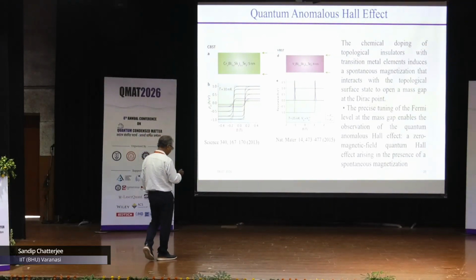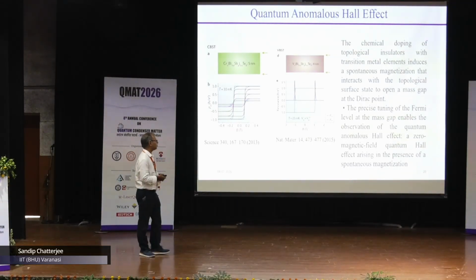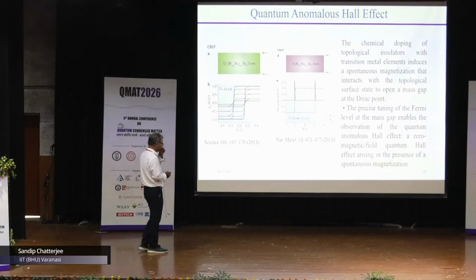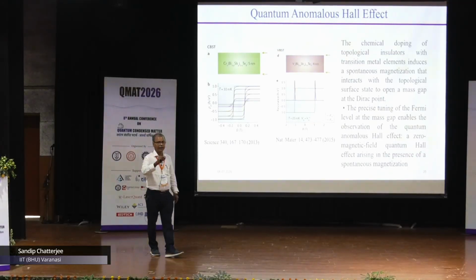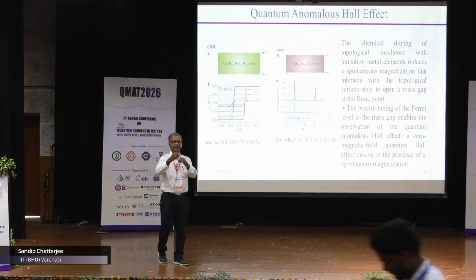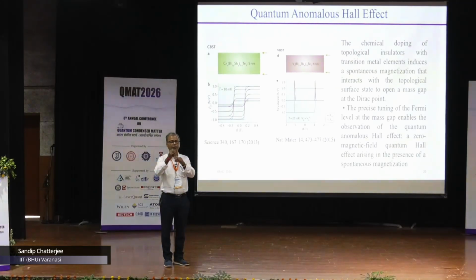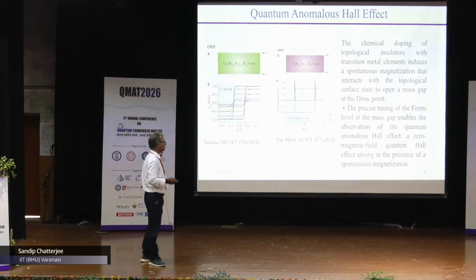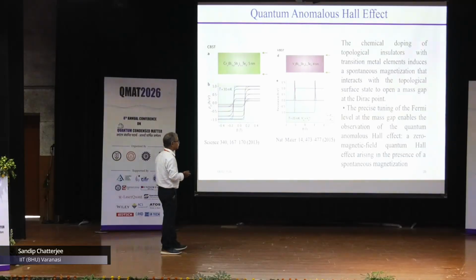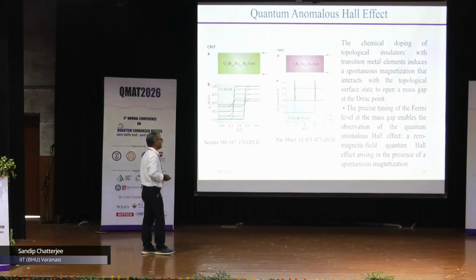And what happens in the case of the magnetic topological insulator: precise tuning of the Fermi level at the mass gap enables the observation of the quantum anomalous Hall effect.